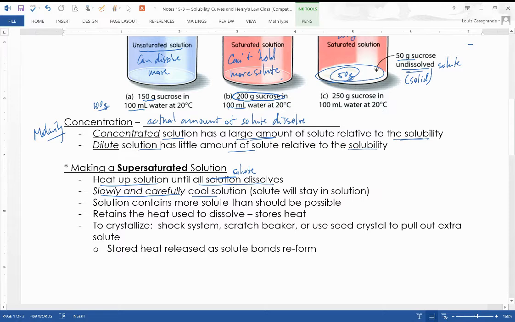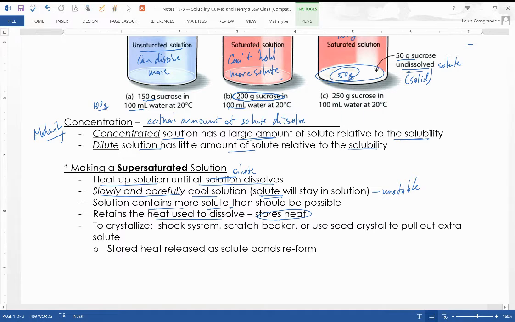And if it's a solute that's capable of making a supersaturated solution, that solute will stay in solution. This is an unstable situation because that solute really is trying to crystallize and come out of solution, but there's reasons why it can't. And what happens is the solution contains more solute, and it retains the heat used to dissolve. This is a way of storing heat, and I'll show you a demo in a little while about this.